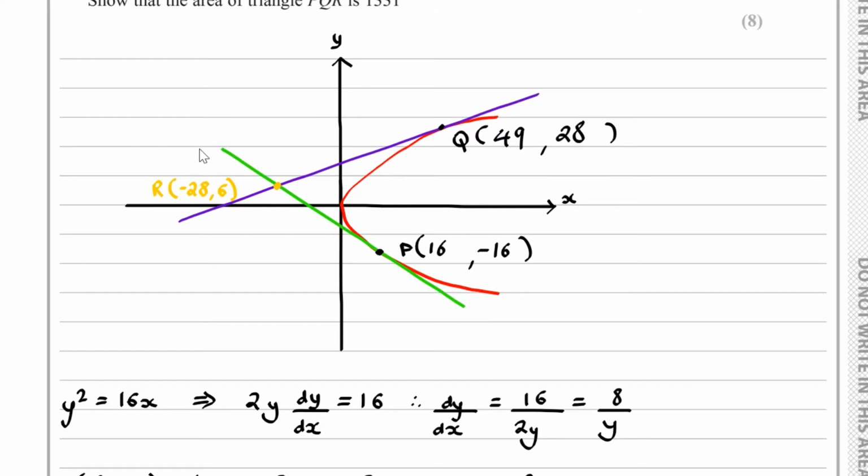So knowing the coordinates of P, Q and R, we can now find out the area of the triangle PQR, and there are various different ways you can do this.